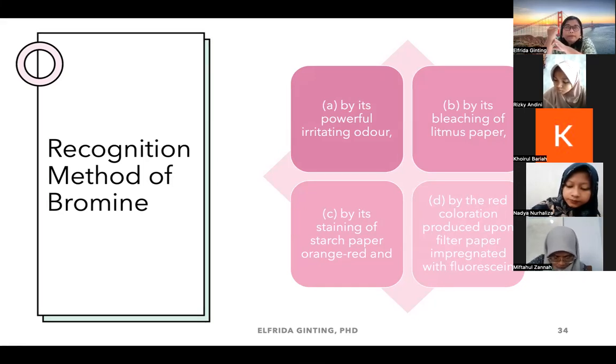The filter paper, you already bleach it, you already put fluorescein in the filter paper. And when you use the filter paper to capture the bromine gas, the color of the filter paper will change into red color. Yeah, red color.